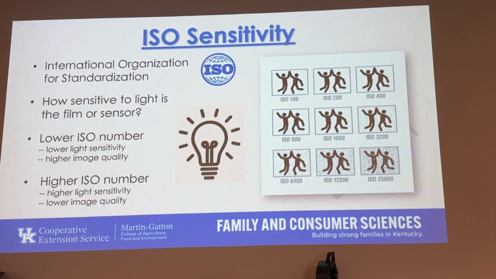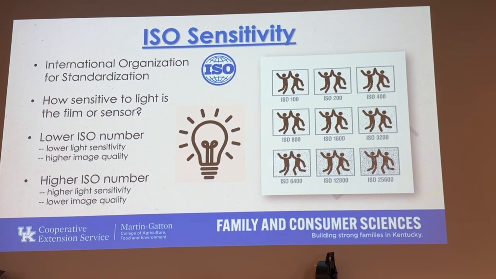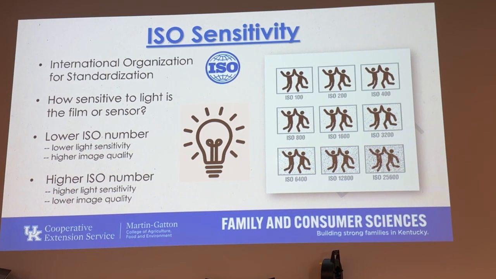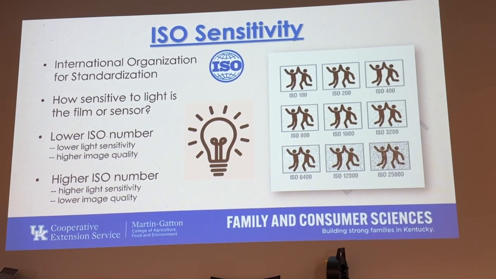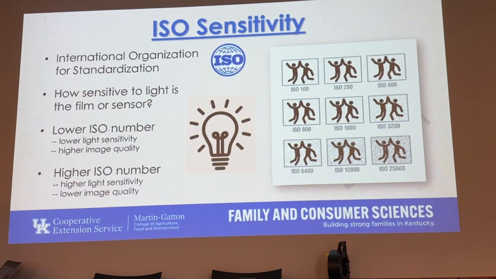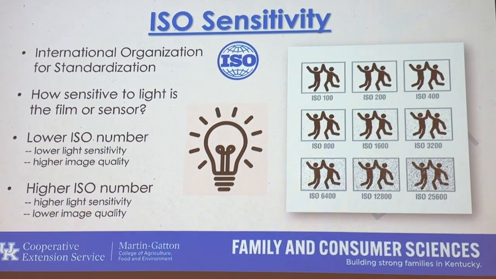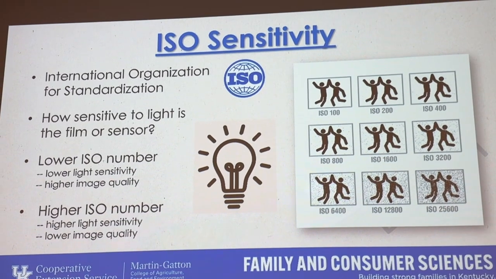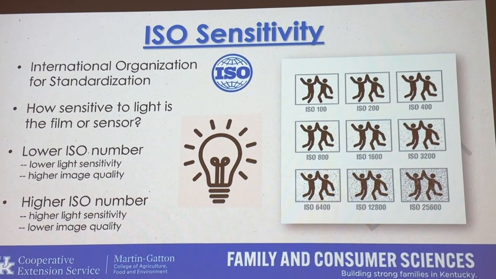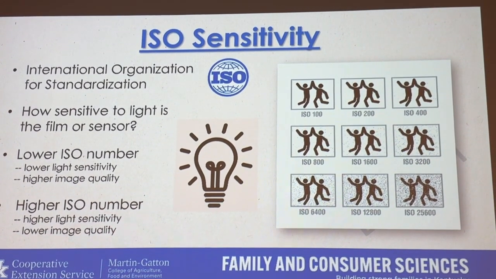The ISO sensitivity is a numeric value and standard set forth by the International Organization for Standardization. It is a measurement of how sensitive camera film is to light. Remember, film speed used to be 100 or 400. That was the speed.